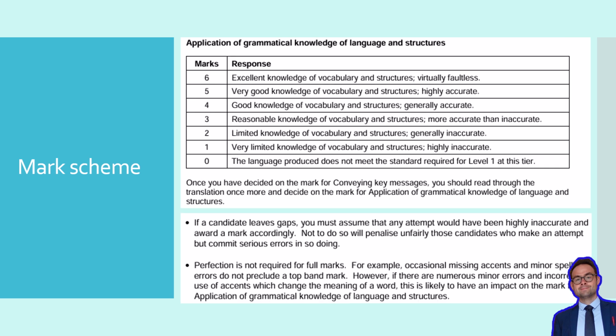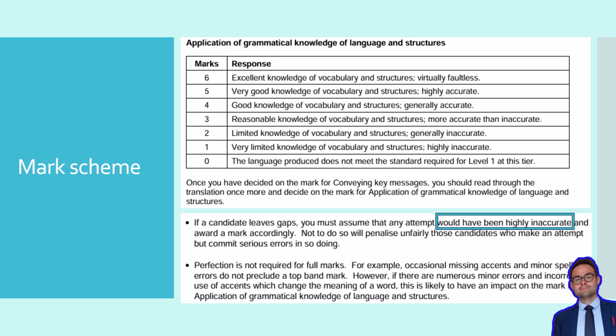Looking particularly at your excellent knowledge of vocab and structures, so even for 6 out of 6, virtually flawless. First thing is just try not to leave any gaps. If you're really not sure what to say, just put something in there, because if you leave a gap, the examiner assumes the worst.